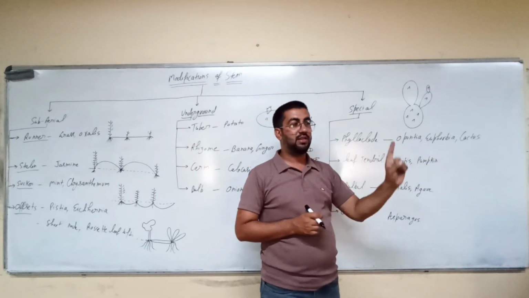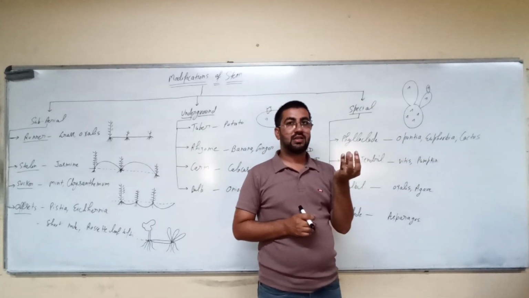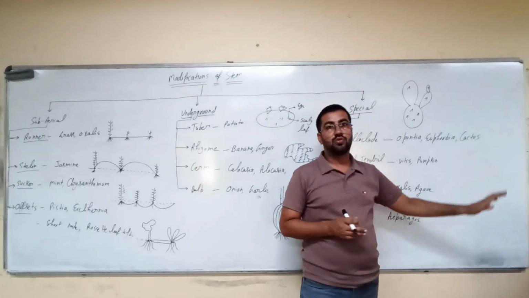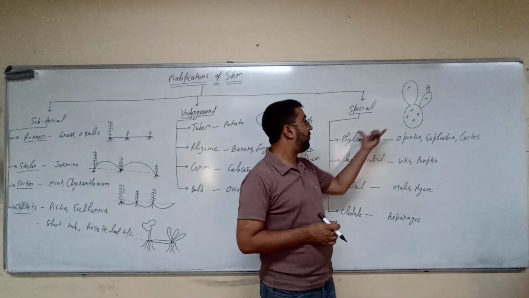In euphorbia you can see the circular or round-like structure, but in cactus and opuntia you see the flat-like structure.